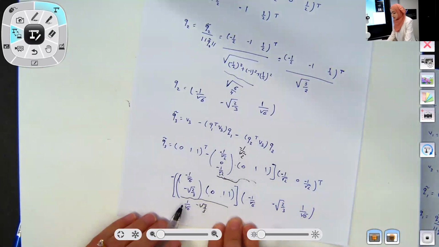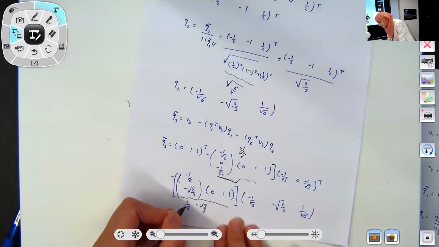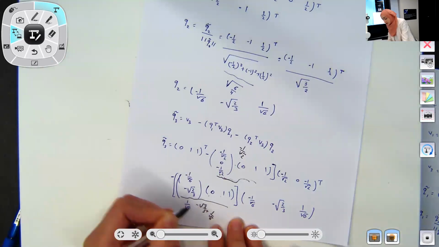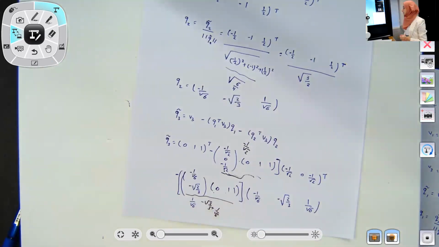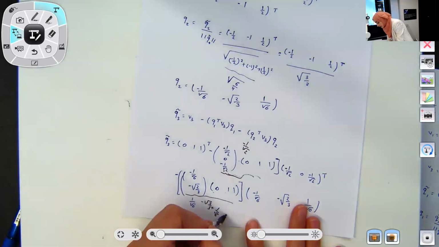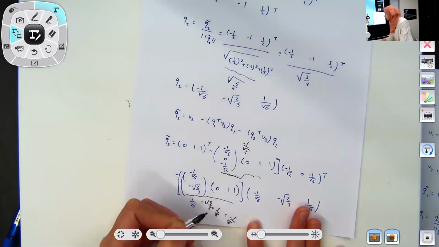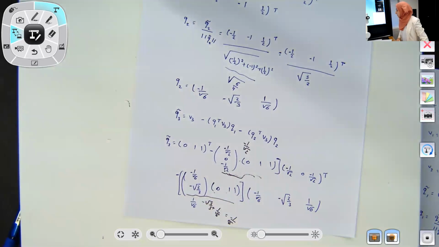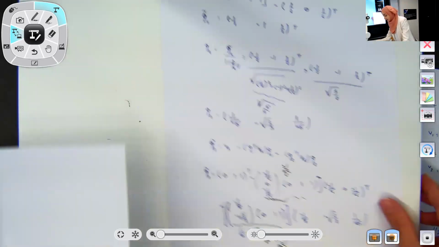And if we multiply 1 over square root of 6 times 1, this is equal to 1 over square root of 6. If you simplify minus square root of 2 over 3 plus 1 over square root of 6, you will get minus 1 over square root of 6. So let's try to make it tidy.